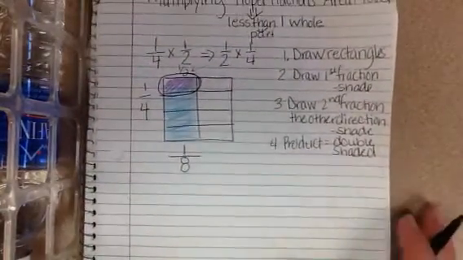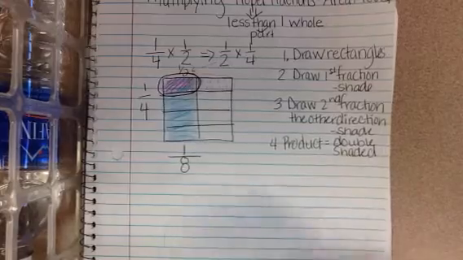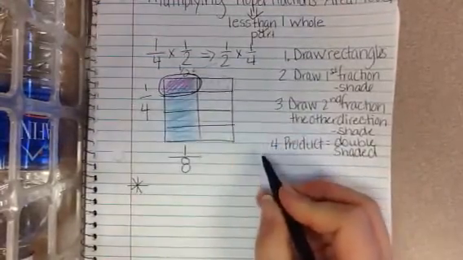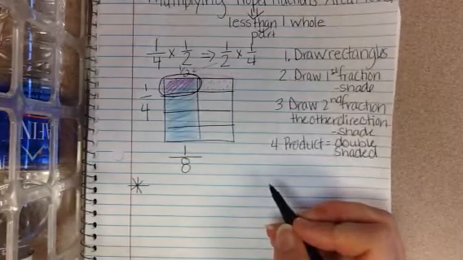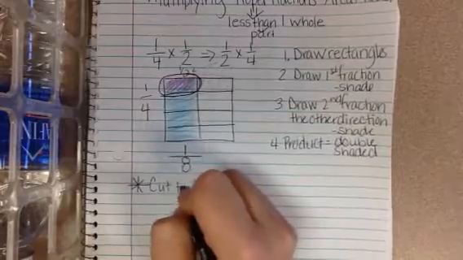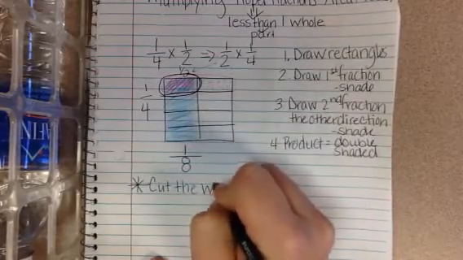Okay, my class, when we did this last week with fig Newtons, we had to repeat this. Why did I have to cut up the entire fraction? Why could I not just have had a half? I have to cut the whole model.